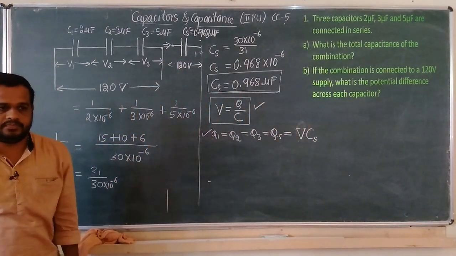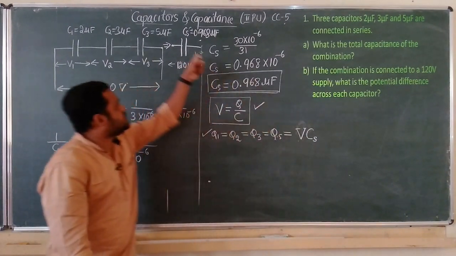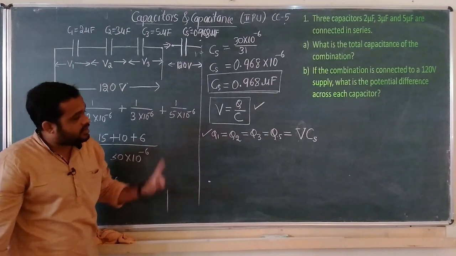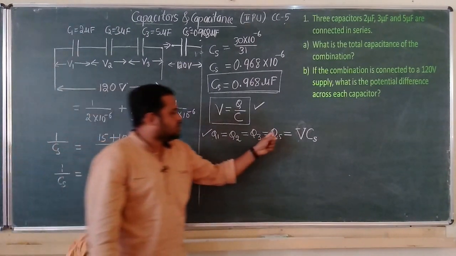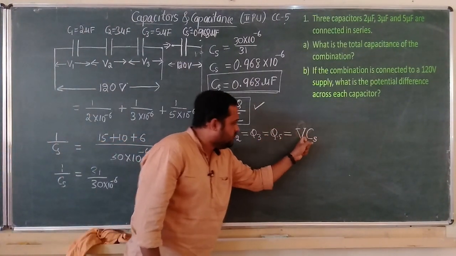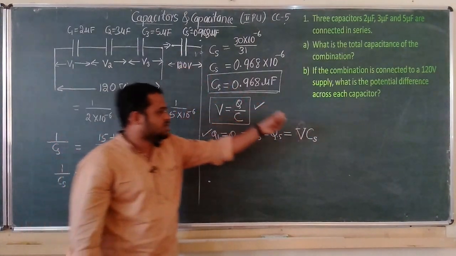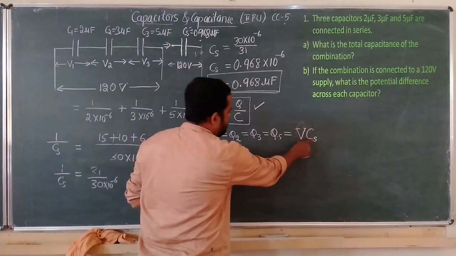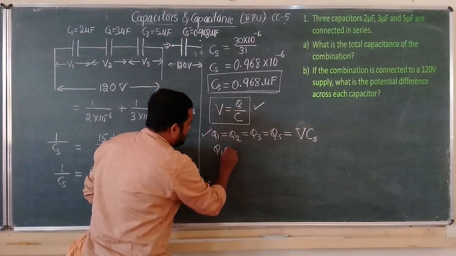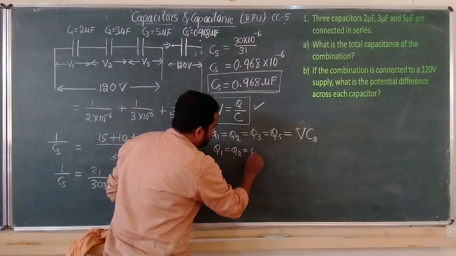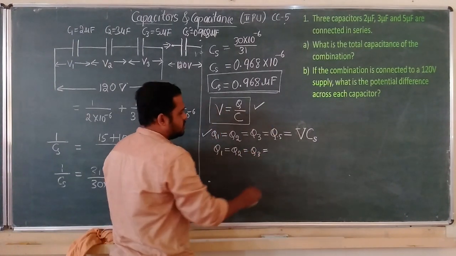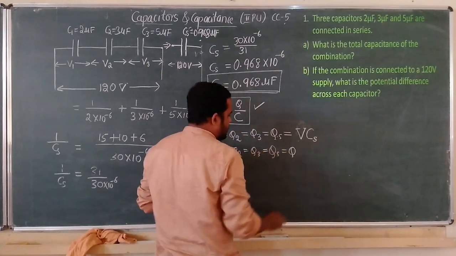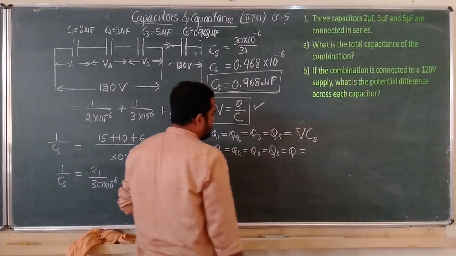I think it is clear. Qs is the amount of charge stored in this capacitor; this is the relation between charge, potential difference and capacitance. V is the applied potential difference, Cs is the capacitance of this particular capacitor. Therefore, Q1 is equal to Q2 is equal to Q3 is equal to Qs, I'll take it as Q because it is the same.